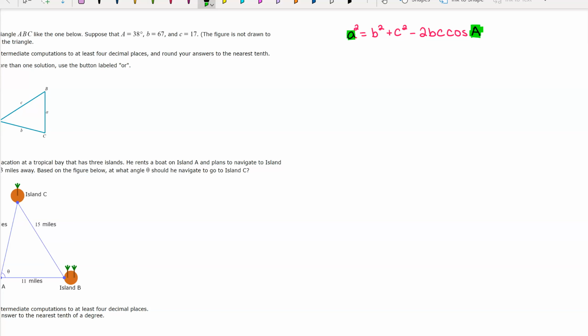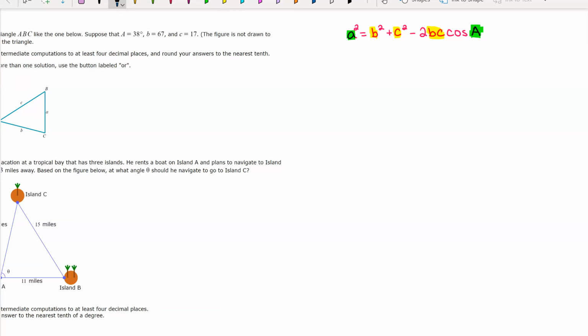So side is lowercase, uppercase is angle. And then these guys here, b and c, those will always be the other two sides.